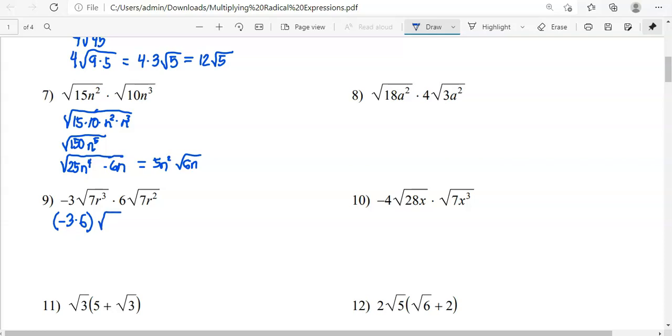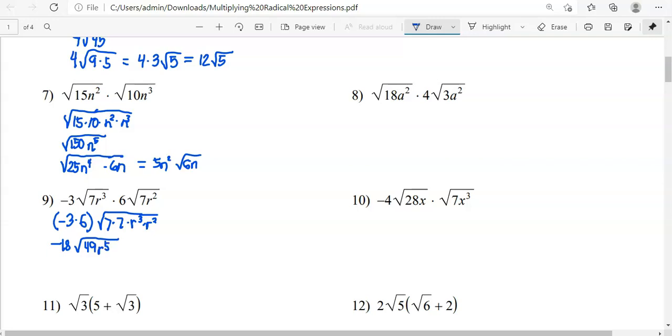So we will have 7 times 7, tas yung variable r cubed times r squared. So negative 3 times 6 is negative 18. Then yung radical, the product is square root of 49 r raised to 5.